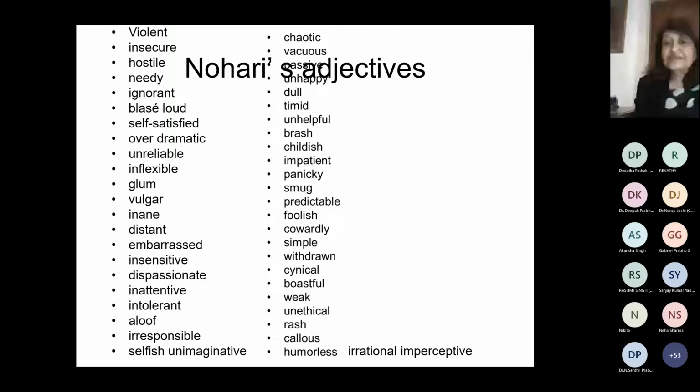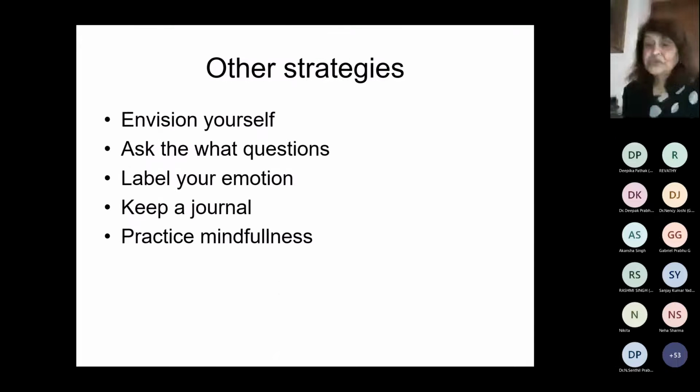So we need to capitalize on our strengths and we need to lower our weaknesses. Now, there are other strategies where you can do self-care. The first one is, like I said, how people perceive me and how I perceive myself, self-awareness.